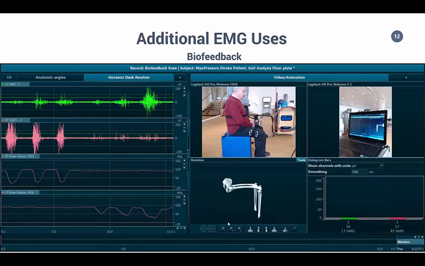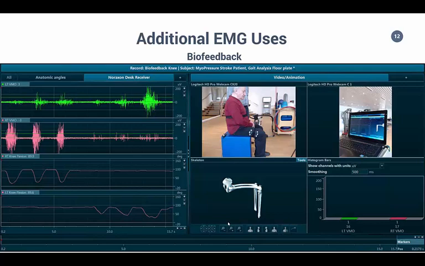For instance, in rehabilitation, EMG can be used as a biofeedback tool to help a patient understand their muscle recruitment and effectively make adaptive changes by interacting with the EMG signal during exercises. Using biofeedback, patients can reconnect motor pathways to a muscle and eventually relearn how to incorporate those muscles in their daily activities.